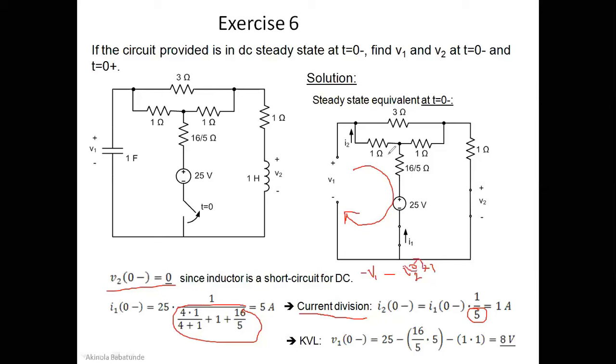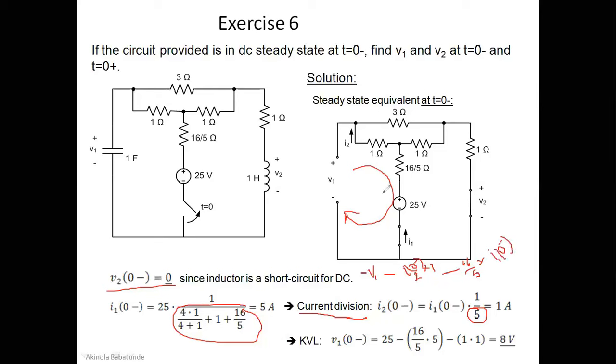Then if you keep going down, you can see that we have a 16 over 5 here. The current going through here is positive, going this way, so we are also coming down like that. So it's going to be minus 16 over 5 multiplied by the current passing through here, which is I1(0-).